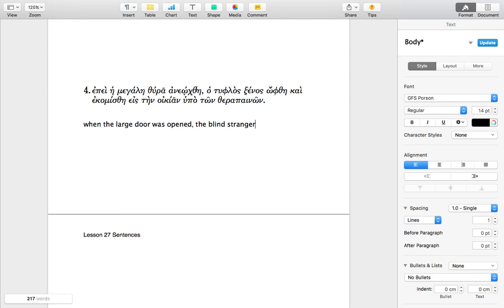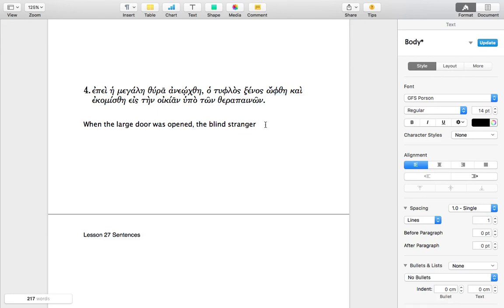So even though you have theta eta ending, which is your third person singular aorist passive ending, different subjects, so just keep that in mind. Oftentimes if you see the same ending running throughout, it's the same subject, but here you have two different subjects. One's feminine, one's masculine. So when the large door was opened, the blind stranger, ōphthē.